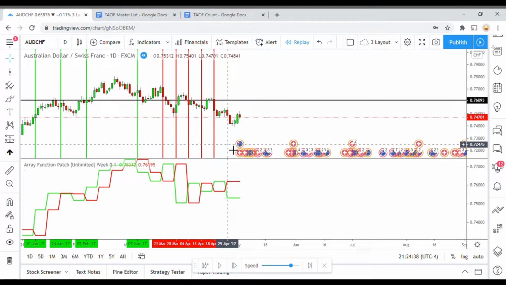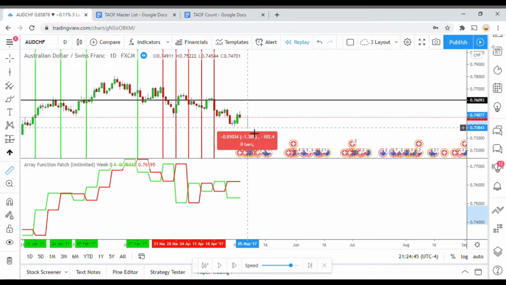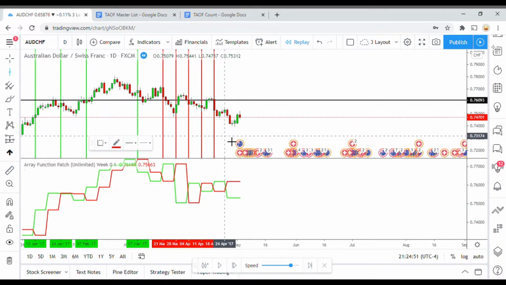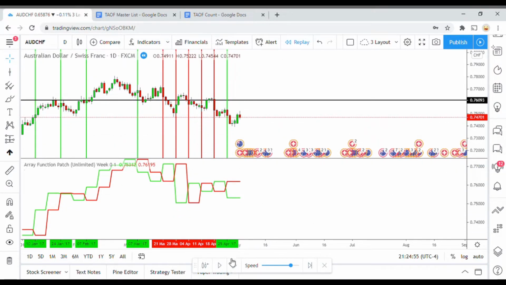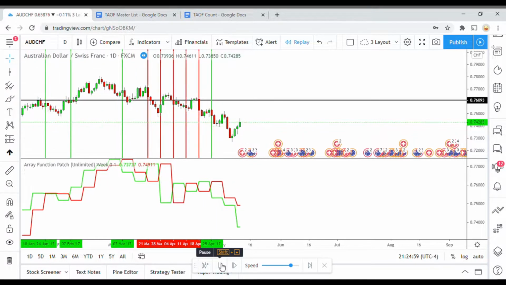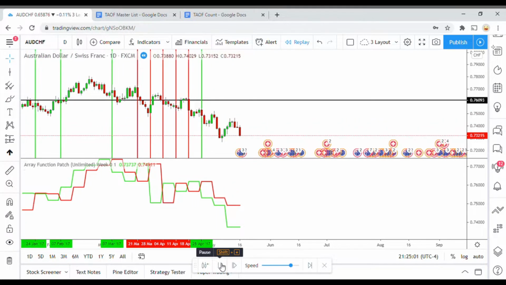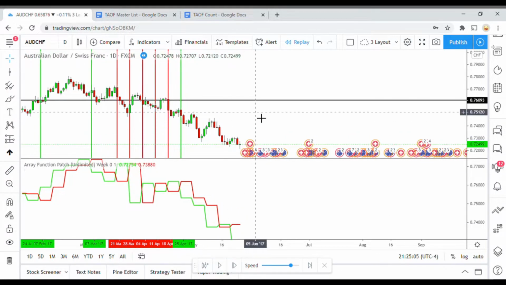And on that one, then we would have picked up this one right here for a short. And that would have finally got us a take profit. Let's see here, so we're plugging along.